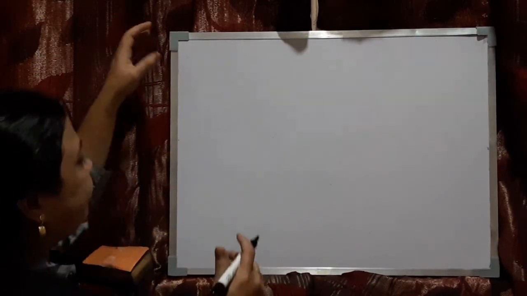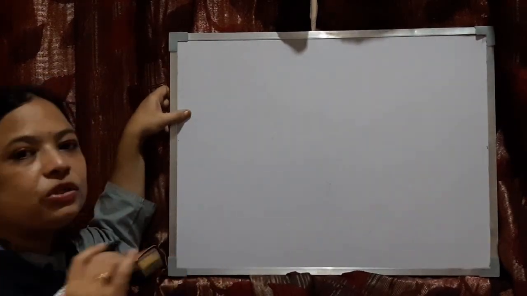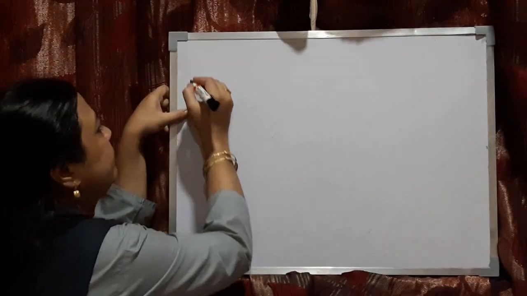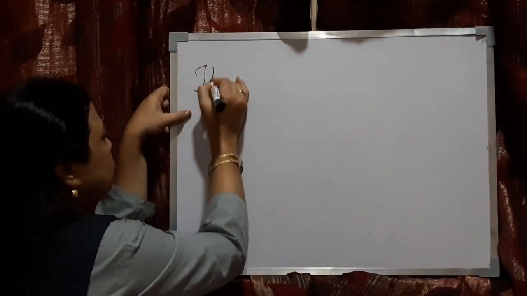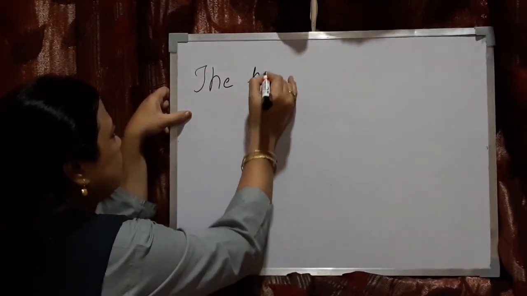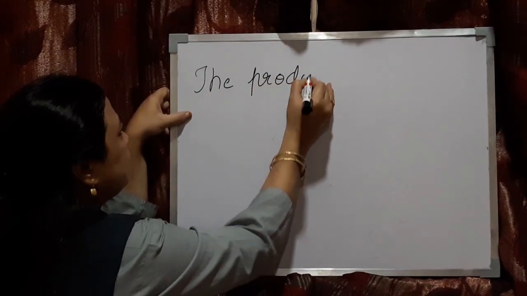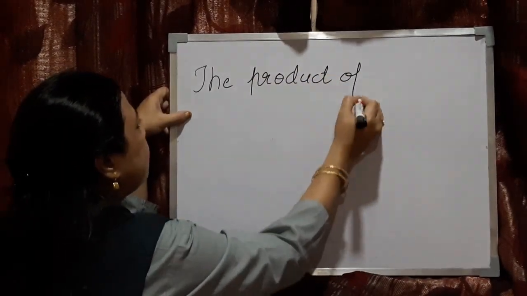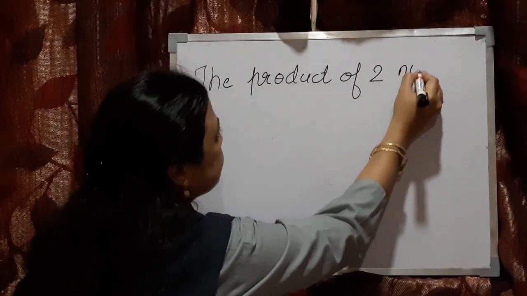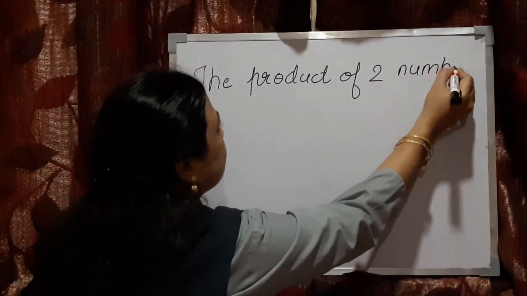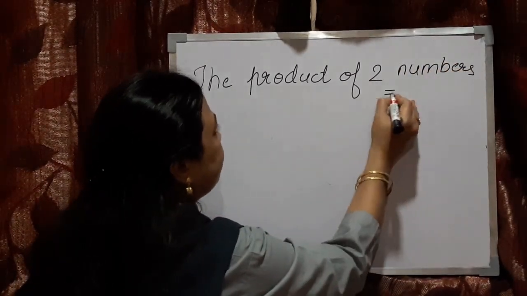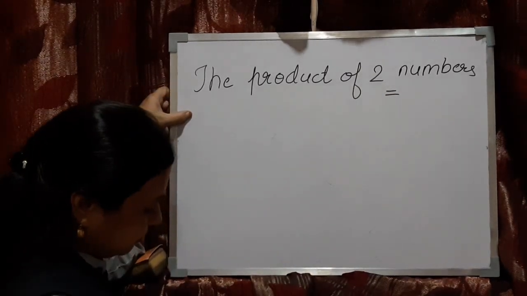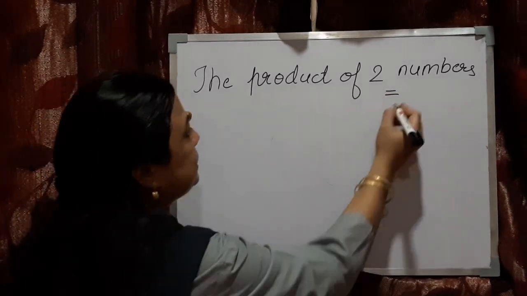The product of two numbers is 565. So here also we will write down in sentence form that the product of two numbers is equal to, what is given? 565.